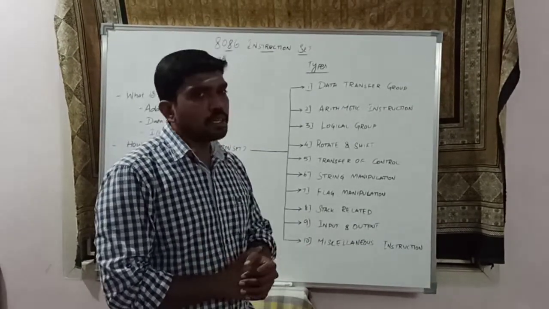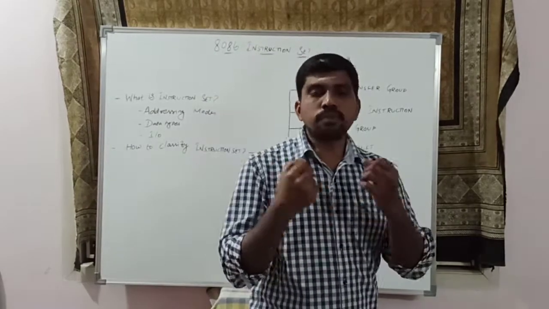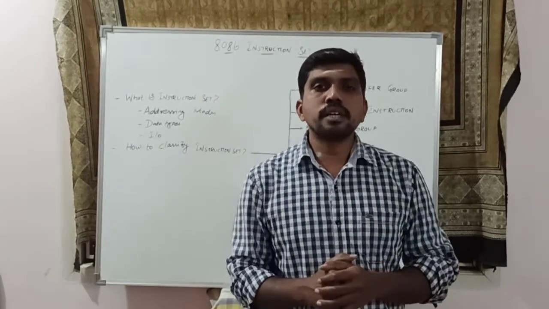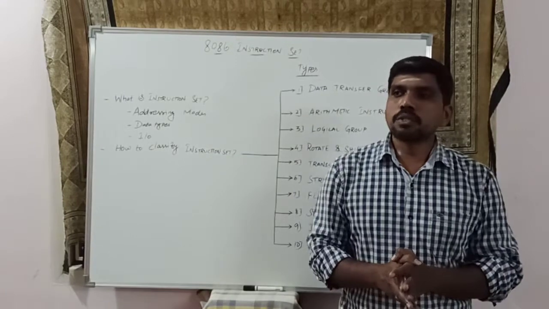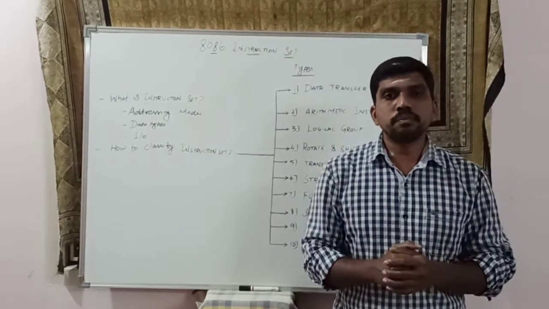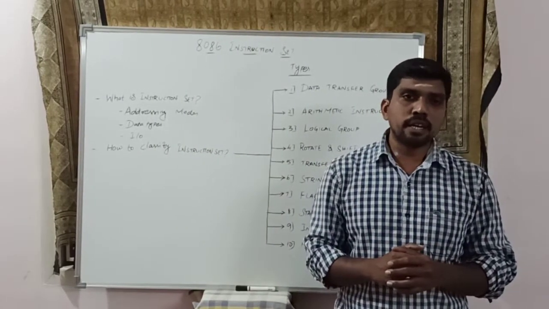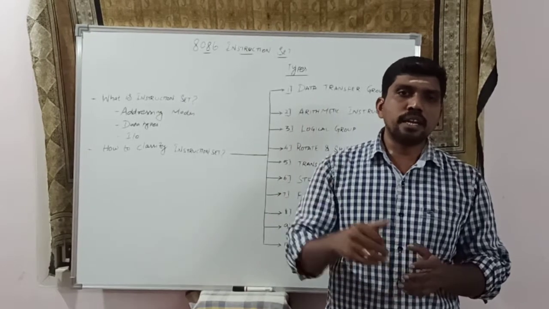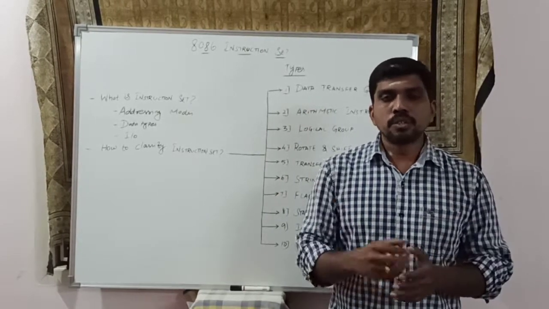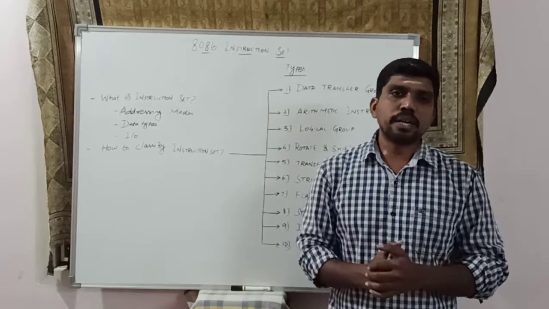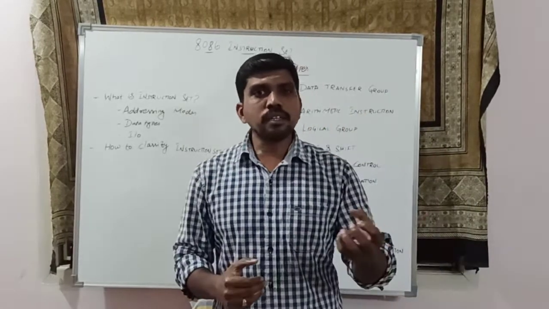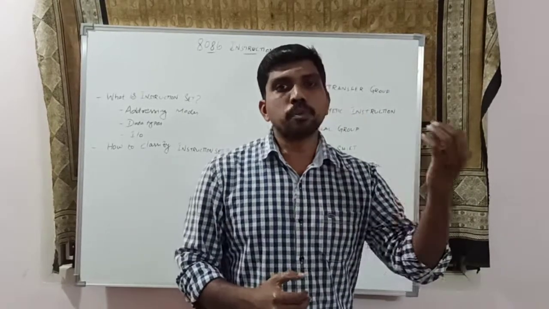Next one is in and out. You can get the input from outside. In this case you can use IN. Suppose you want to access the input data from input devices, for example a keyboard. You just press any key, for example any number. That number is passed to the microprocessor. The data is sent through the input port.